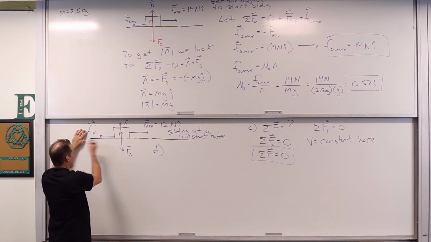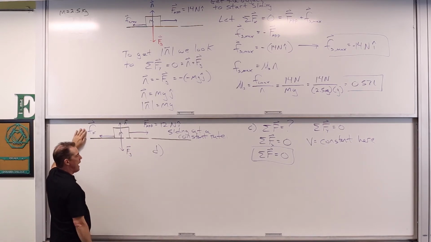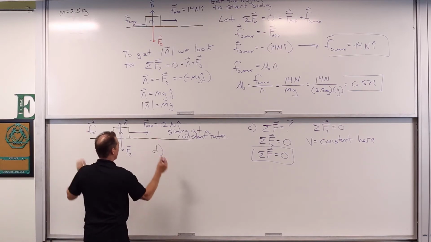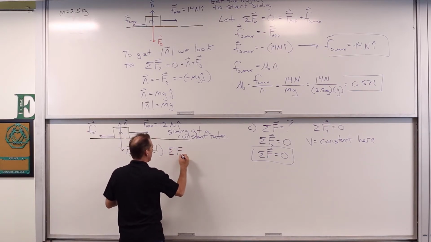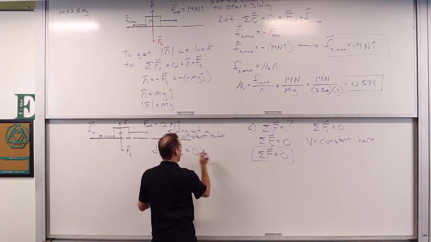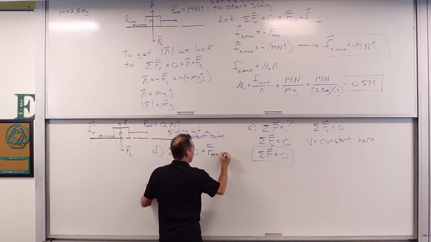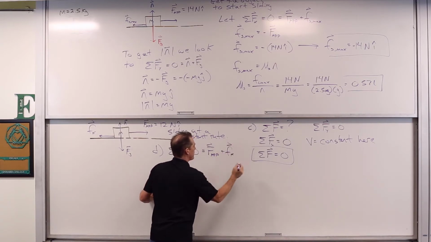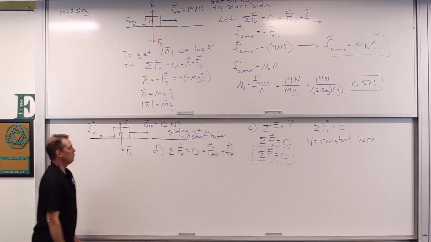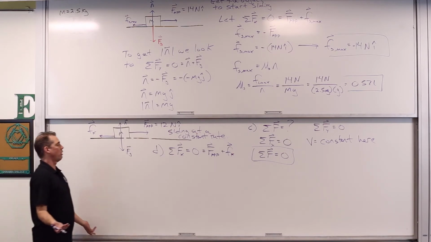The force of kinetic friction is constrained to the x dimension, or I hat dimension. So we can look to that, right? We already know that the net force in the x direction has to be equal to 0, and it is the vector sum of the applied force plus the force of kinetic friction. There's only two forces acting in the x direction, and that's all that we've got.